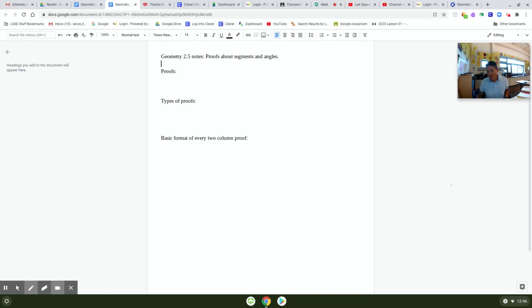But a big part of geometry is proofs. A proof is just a logical argument, specifically using either facts, definitions, or specific properties to prove something's true. So by logical argument, things do need to be in a specific order.